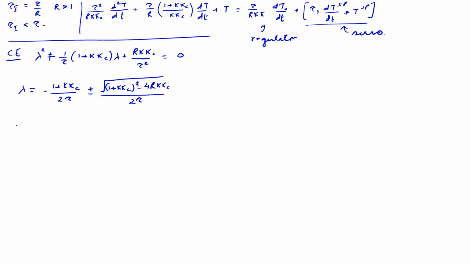And we also saw that if K Kc does not belong to this interval, and the interval is 2r minus 1 minus 2 times square root of r times (r minus 1), this is the lower bound, and the upper bound is 2r minus 1 plus 2 times square root of r times (r minus 1).